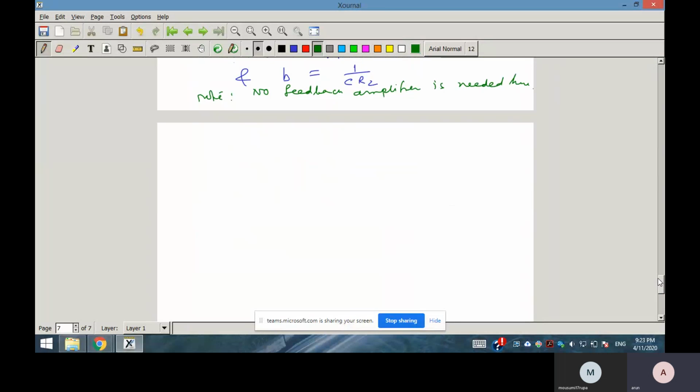There are so many questions. So we will first discuss lag lead, and then we will say why lag lead, why not lead lag. Lag lead controllers.